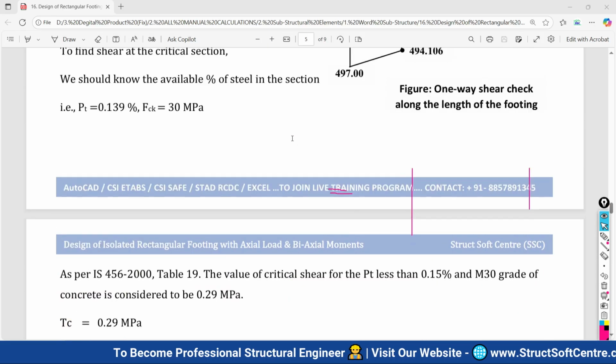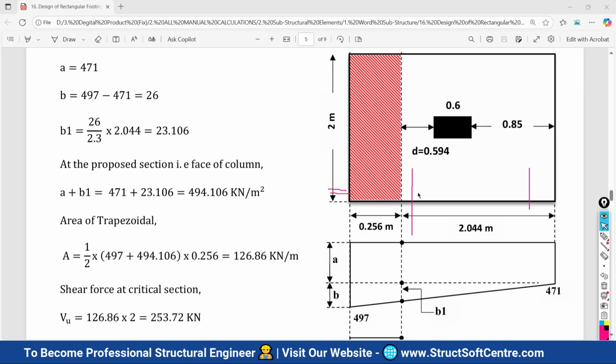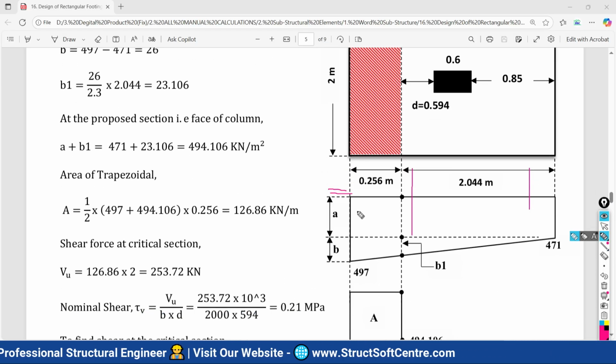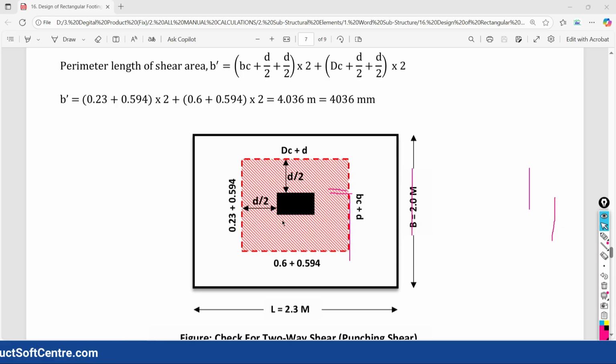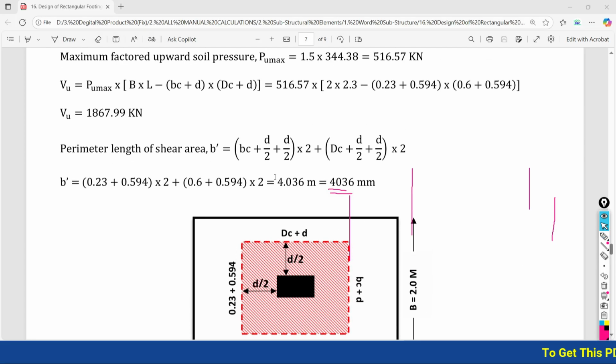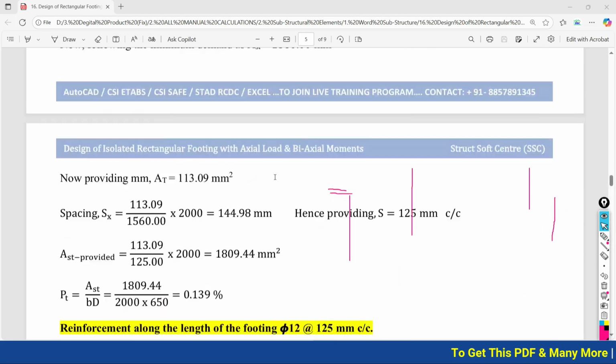When we performed the check for the length direction, we considered the maximum pressure here and the minimum pressure here. But now for the two-way shear, again I am repeating, we are going to consider the overall footing. That's why we should consider the overall maximum pressure, and that overall maximum pressure we already calculated in the very first step.